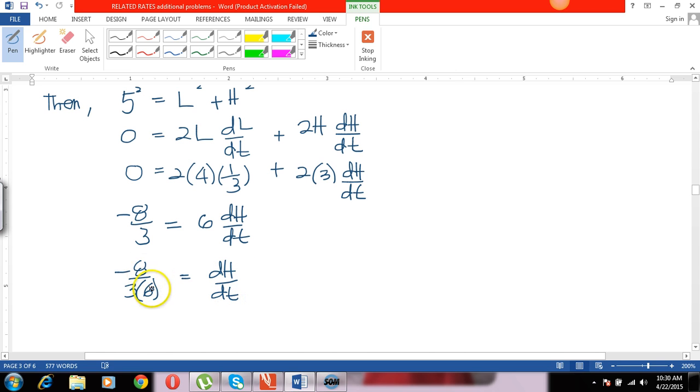So actually this is 4, this is 3, so 4 over 9. Then we get negative 4 over 9 meters per second.